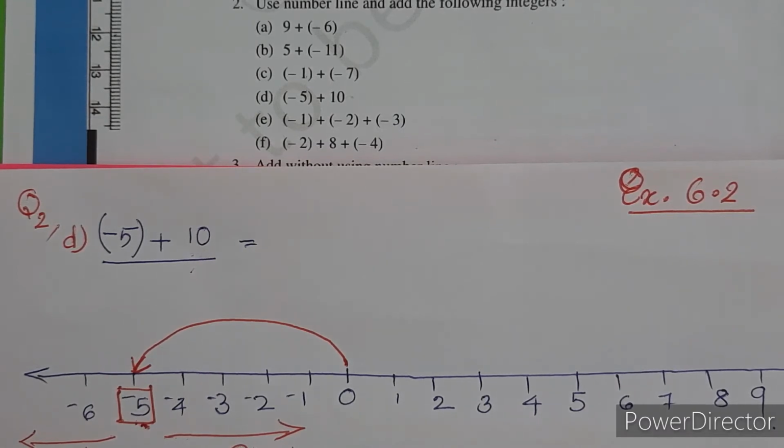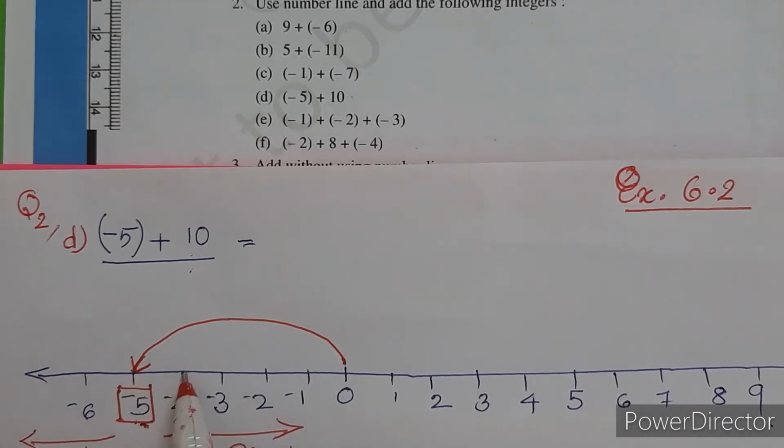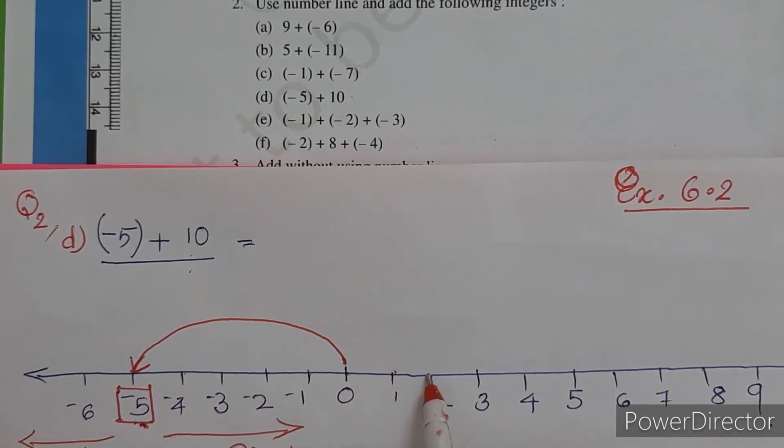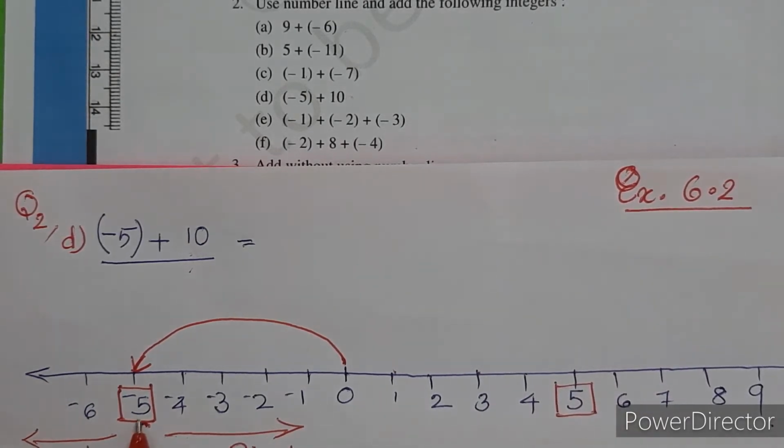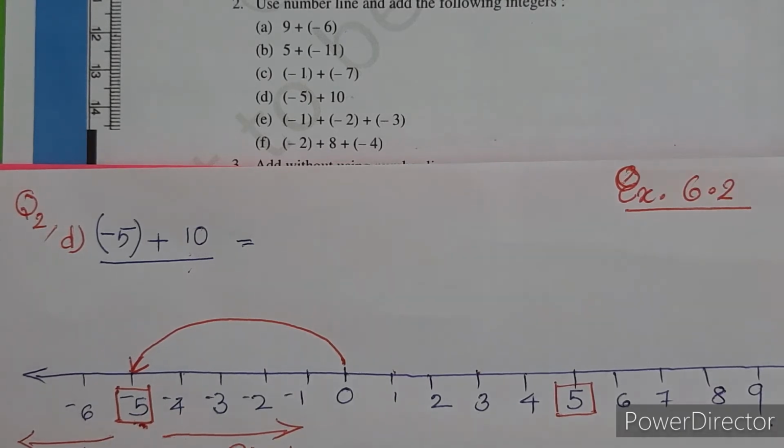So we can move 10 points from the starting point. So 1, 2, 3, 4, 5, 6, 7, 8, 9, 10. So we can reach 5. So from minus 5, 10 points we can move.